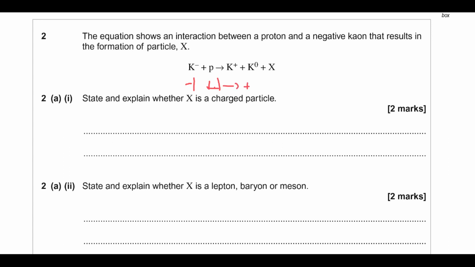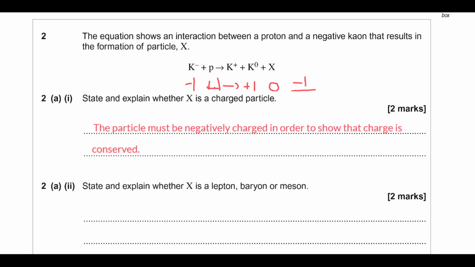We've got +1, 0. So essentially we know that the particle must be -1 in order to conserve charge. So let's state and explain that. Alright, so it must be negative, or have a charge of -1, in order to show that charge is conserved.